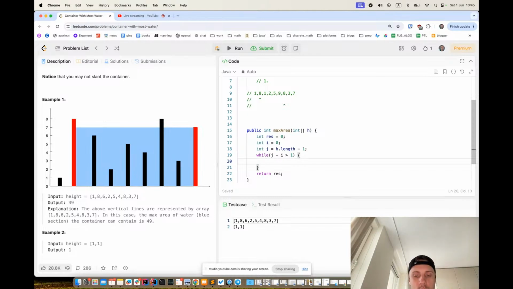So what do we do? We take height at i and height at j, and first of all, we should calculate. So the result will be the maximum between the result and, here it will be the minimum first, of left and right.